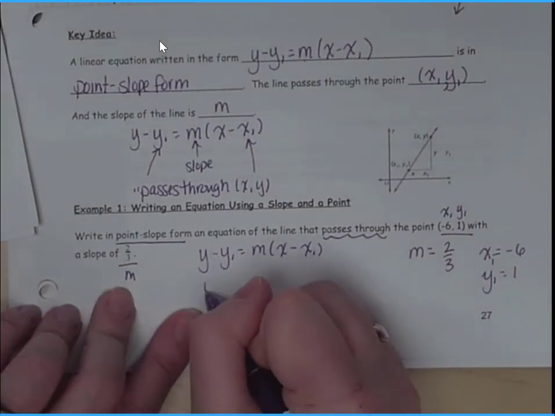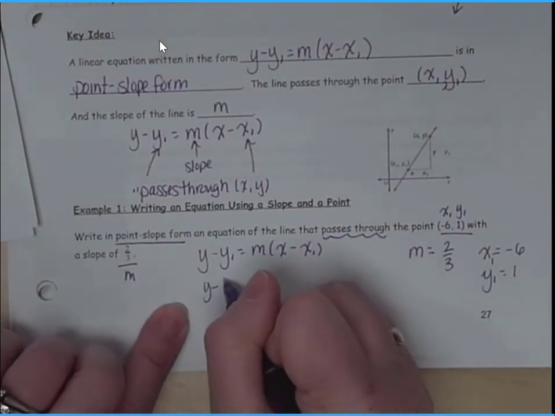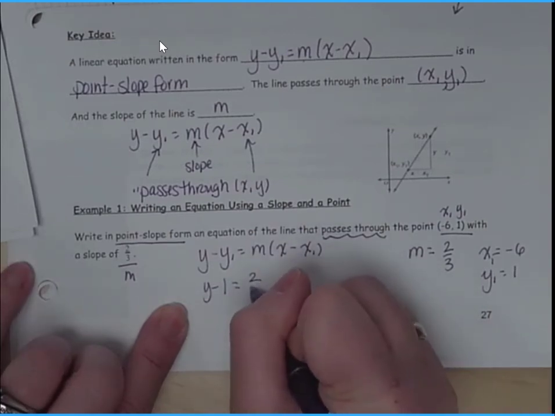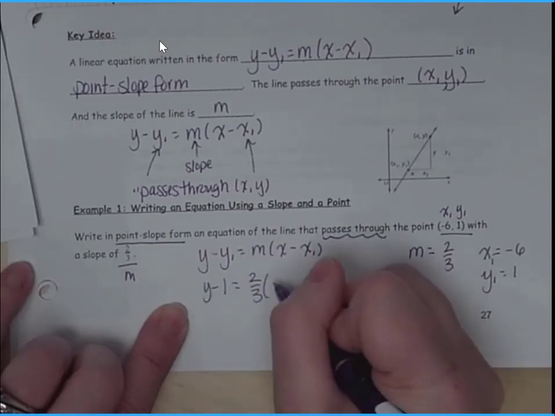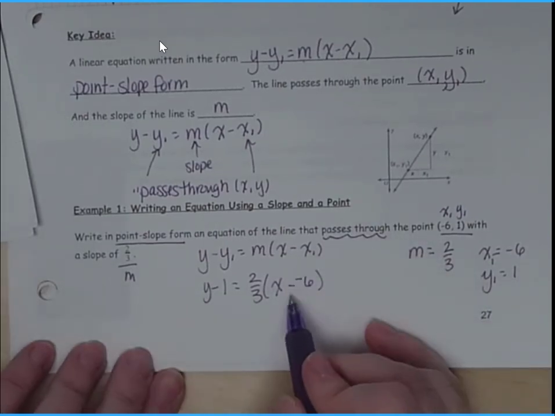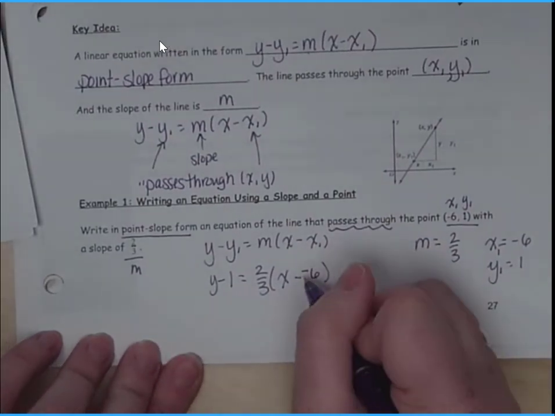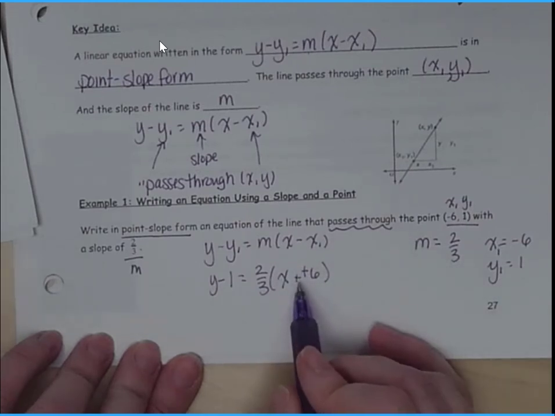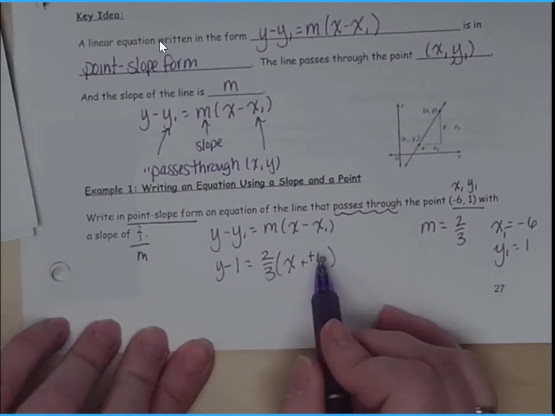So now let's replace. I have y minus 1 equals 2/3 times the quantity x minus -6. Be careful there. And remember, we're going to add the opposite there. So we end up here with x plus 6.